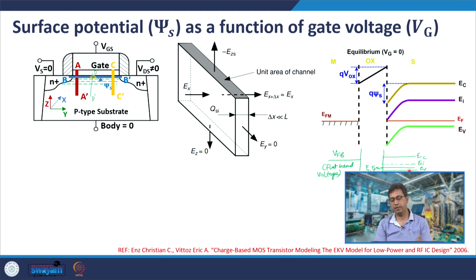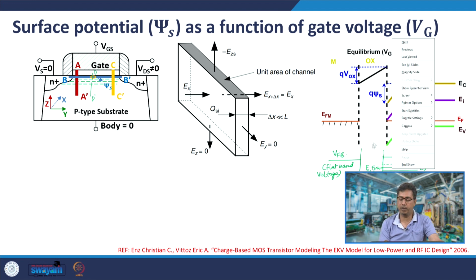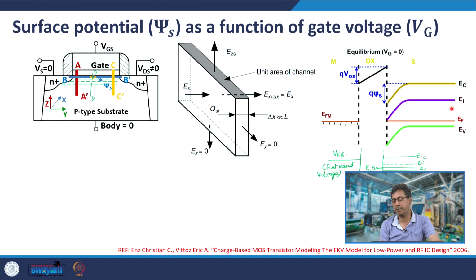It is as if you have added flat band voltage, got this flat band condition, and from here you have applied another voltage, which would result in the band bending that you are discussing. Or, for a simple example, you have applied flat band voltage, got this flat band condition, and again applied a negative of flat band voltage and got this equilibrium condition band bending.